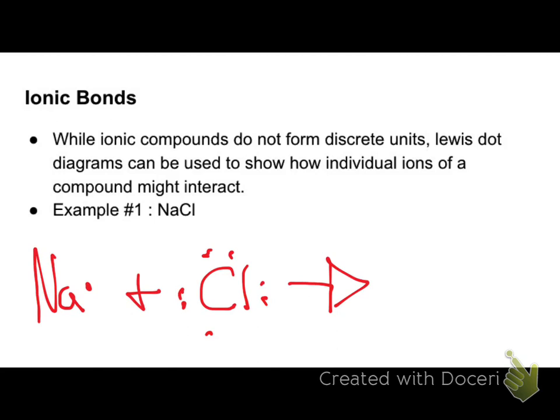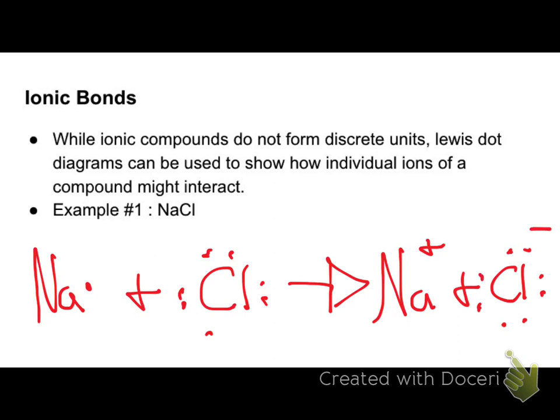We would be left with a sodium ion that has no valence electrons around it in the outermost shell, and then a chloride ion that now has a full octet of electrons in its valence shell and has a negative charge.